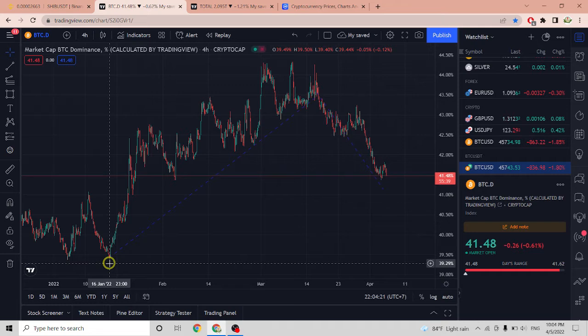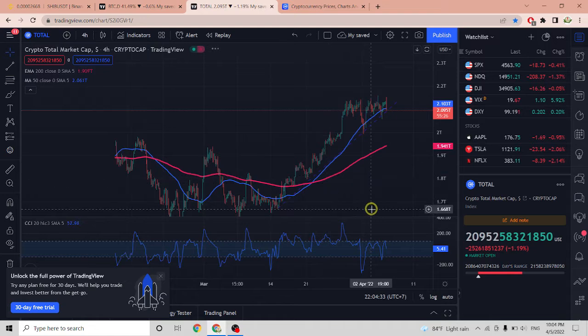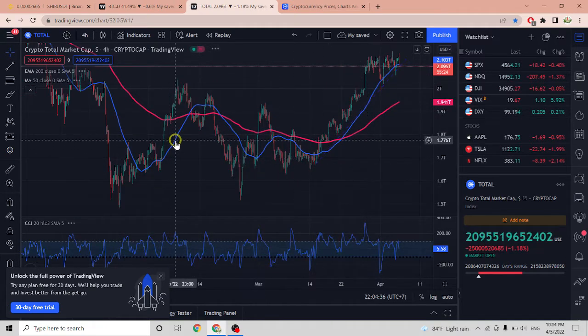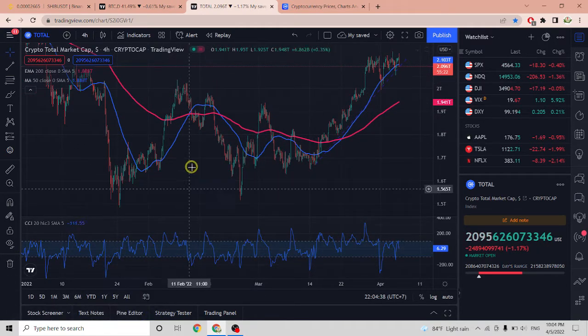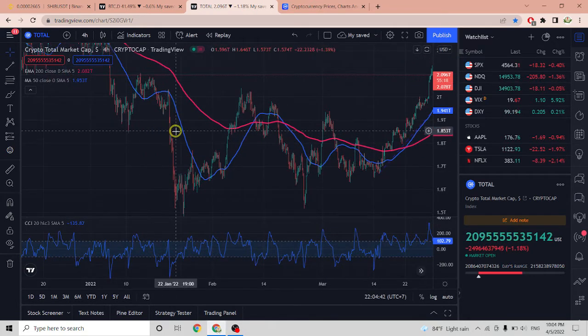So this is from 16 January. Look at the alternative coins. The name is crypto total market cap. It's from 16 January.